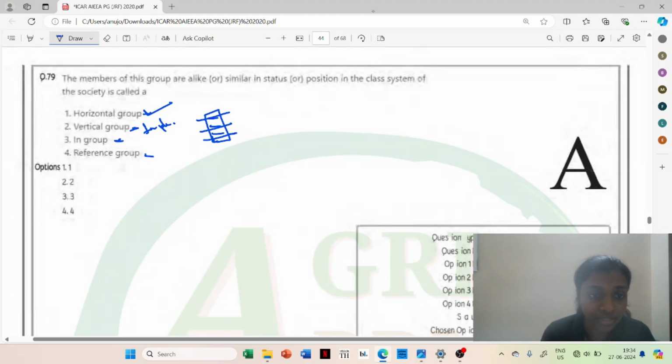Reference group is the one where the person may not be a member of the particular group, but he follows the norms and the behaviors. Maybe some elite group he is seeing, and he might follow how the people are behaving in that group, and so he behaves like that.